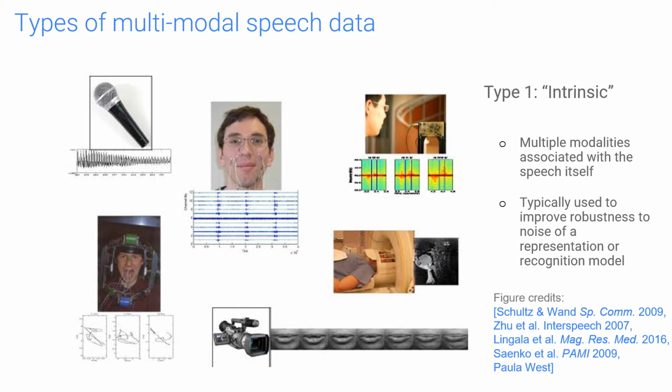Usually the main idea in using these additional intrinsic modalities is that they are highly correlated with the acoustic speech signal, and so they can be used to remove noise or improve robustness to noise or nuisance parameters.